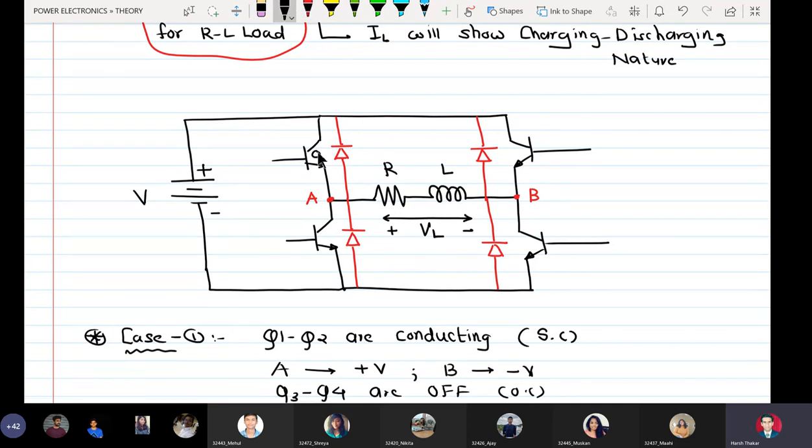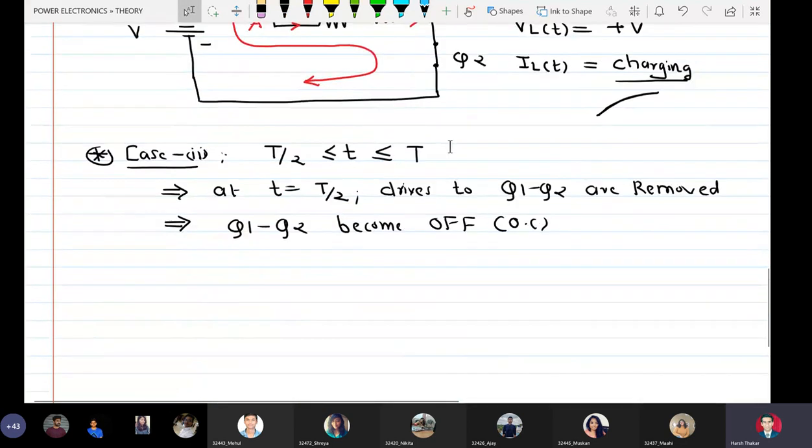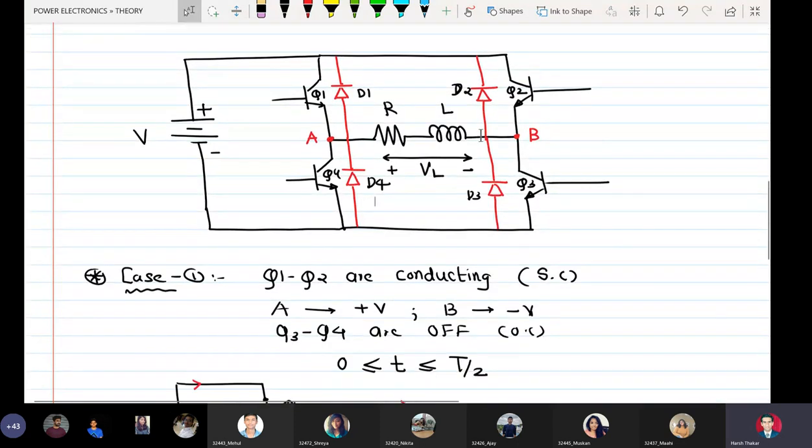So Q1 D1, Q2 D2, Q3 D3, Q4 D4. Now the things become complicated. So at t equal to T by 2, Q1 and Q2 become off.